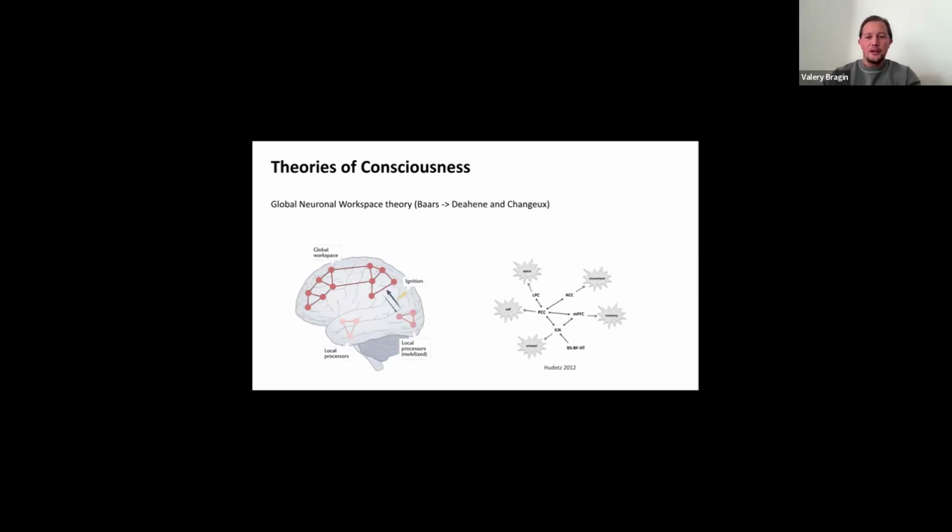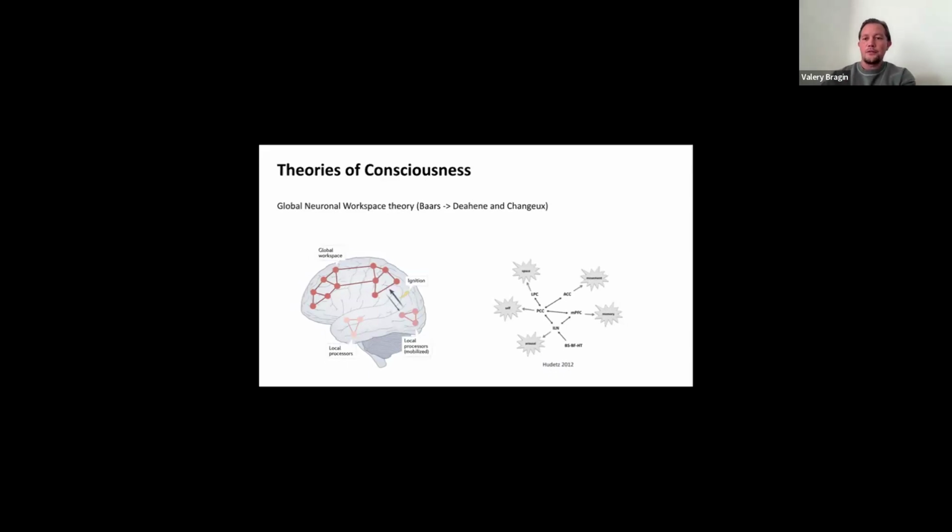It stems from earlier work of Bernard Baars' global workspace theory. So it was not neuroscientific, but general. And the metaphor Baars used for his view is actually a theater.